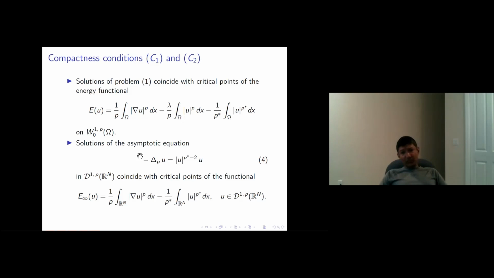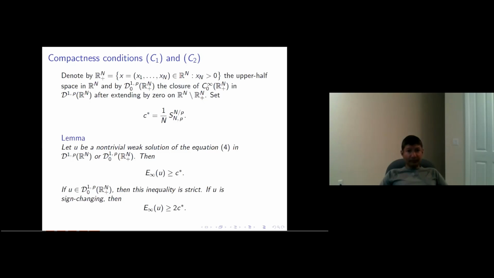And if you look at the asymptotic equation, where you set lambda equal to 0, if you look at that equation in Rn, its solutions coincide with critical points of this functional defined on D1 PRN.